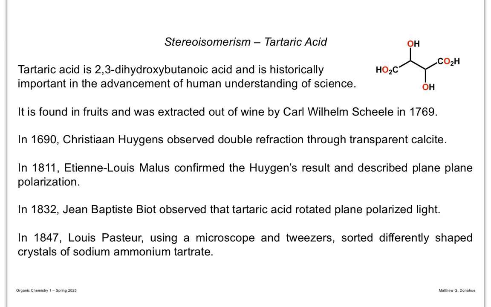So we have about a minute left and probably 8 slides. Really, it's just more of the same, but using another well-known compound called tartaric acid, which you can see here. You have 1, 2, 3, 4 carbons. Carbons 1 and 4 are acids. 2 and 3 are alcohols.